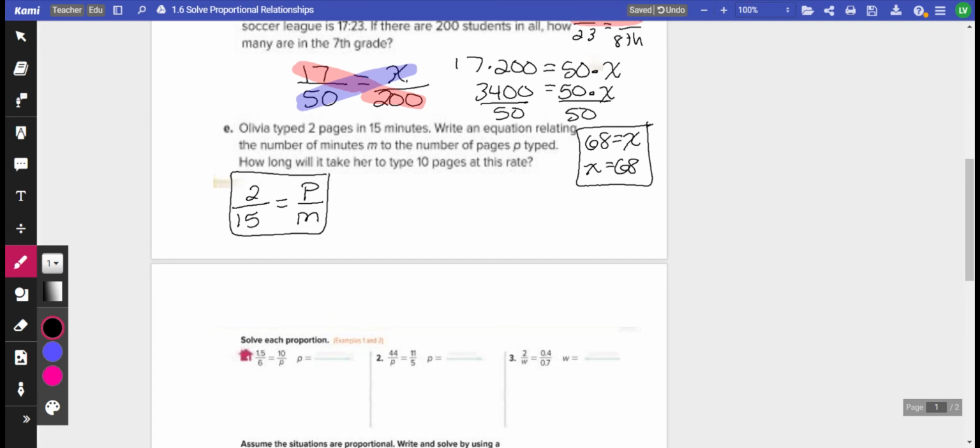The next part says, how long will it take her to type 10 pages at this rate? So if 2 pages takes her 15 minutes, 10 pages will take her x minutes.